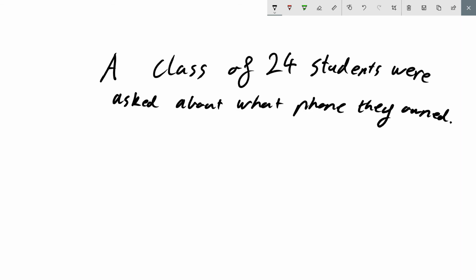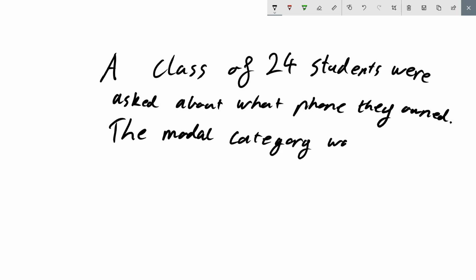After we've given context, we need to state the most common category. This is known as the mode or modal category. So our next line can say the modal category was banana phone with 66.67%. Now it's important to attach some values and if possible use percentages.